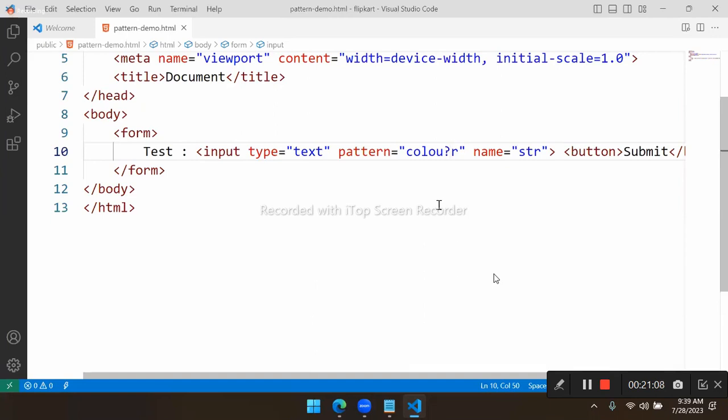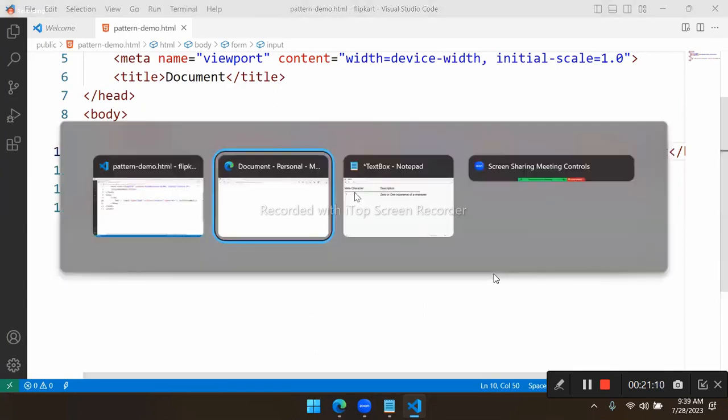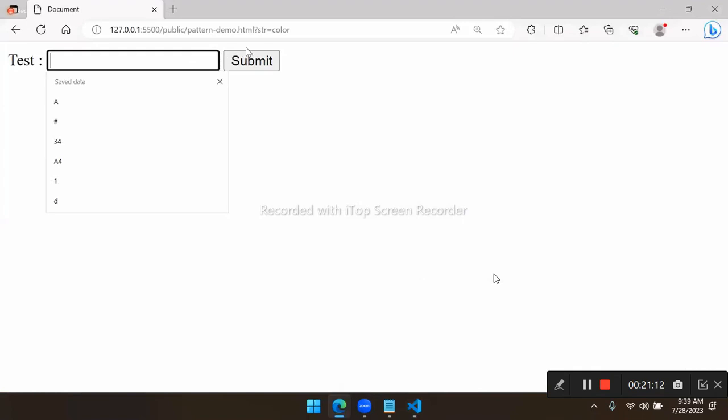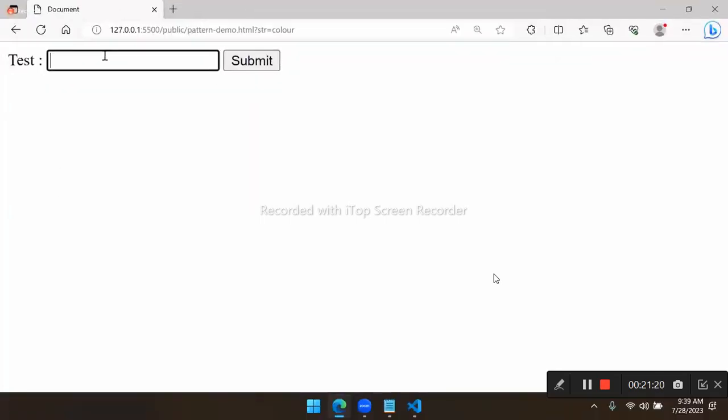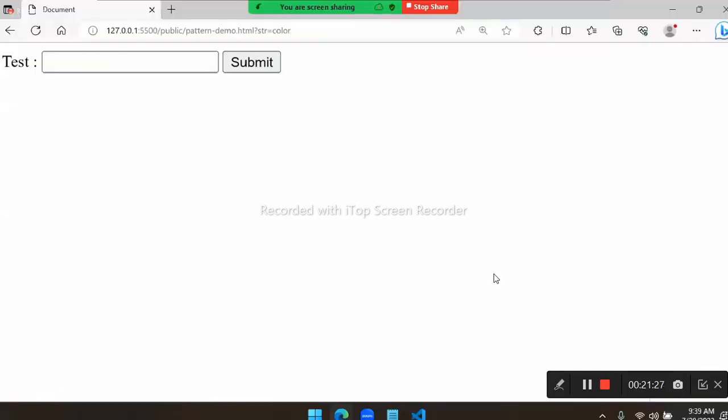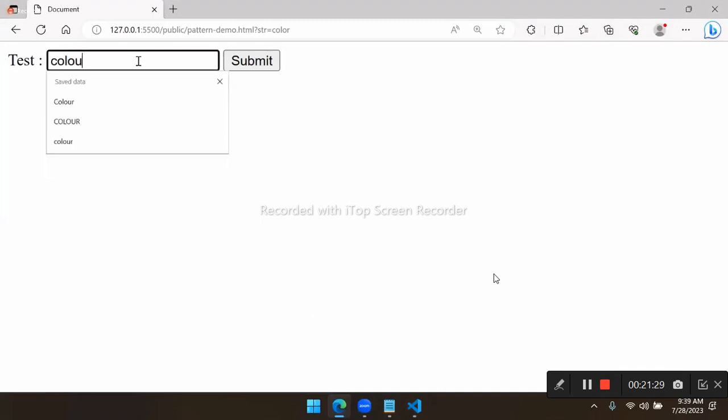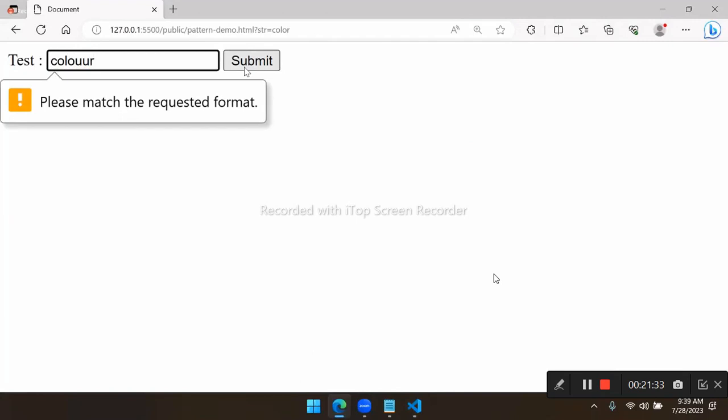Now see, I am typing COLOUR, then submit, and it is submitting. I am submitting COLOR and submit, that is also submitting. I am typing COLOUR with extra letters. It will not submit. I am trying to submit anything else, and it will not submit.